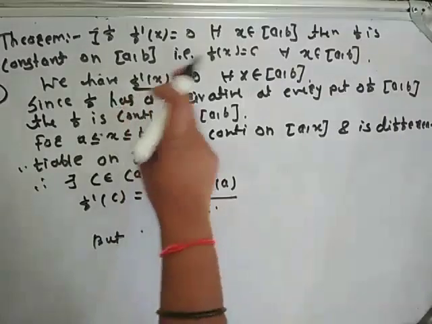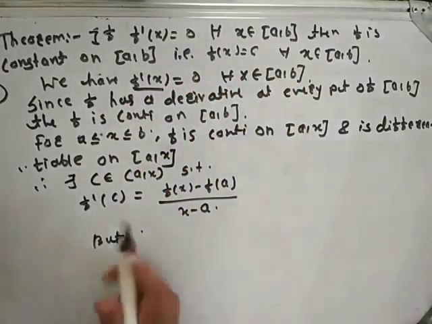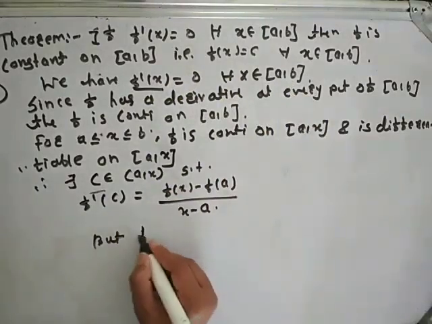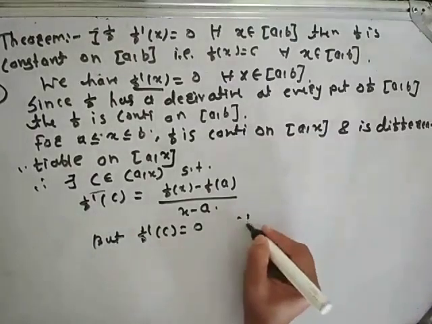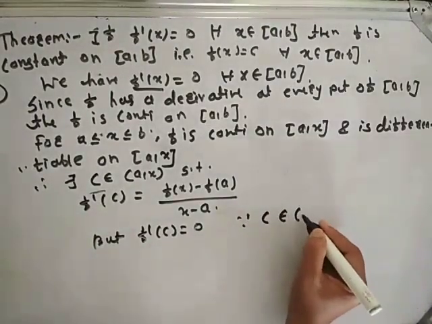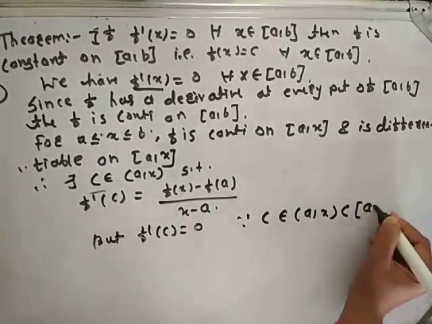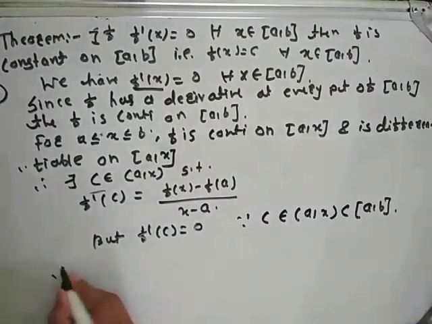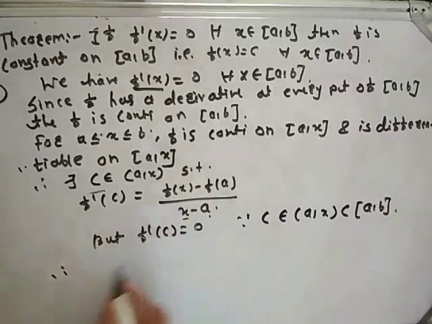But here f'(x) is equal to 0 for all x belonging to closed interval [a, b], and this c belongs to closed interval [a, b]. Therefore f'(c) is equal to 0, since c belongs to open interval (a, x), which is a subset of closed interval [a, b]. Therefore we get (f(x) minus f(a)) upon (x minus a) equal to 0.